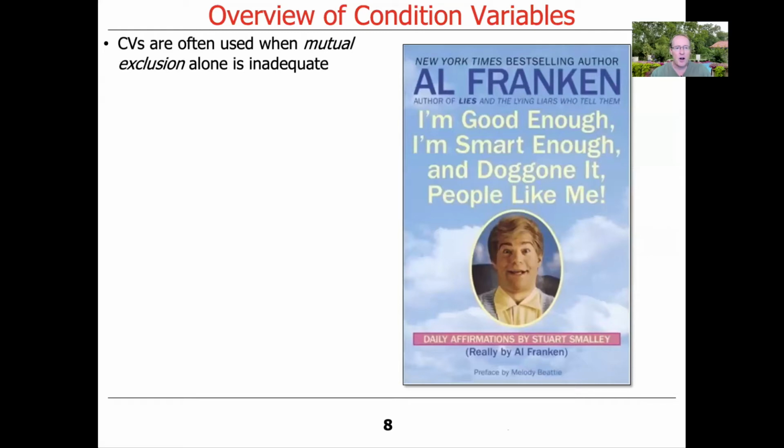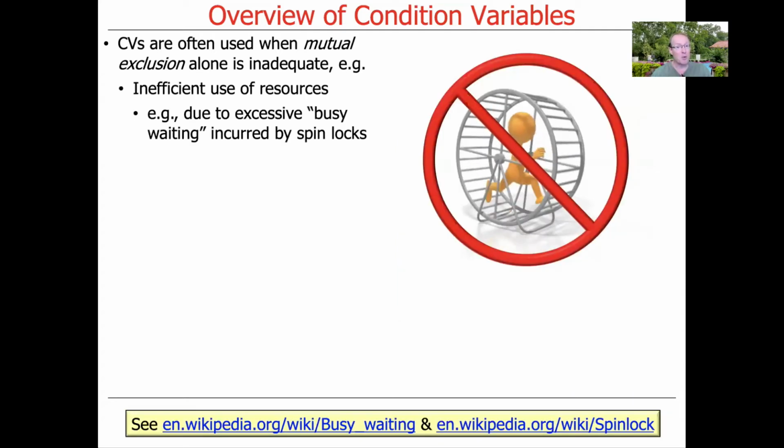Condition variables are often used when mutual exclusion alone is inadequate. And there's plenty of situations where mutual exclusion doesn't get you quite what you need to have. So one example, which we've talked about a number of times and you've had a chance to play with, is the use of spinlocks, which can lead to excessive resource consumption and resource utilization due to so-called busy waiting, where you sit there and spin when you can't get what you want, and that's inefficient.